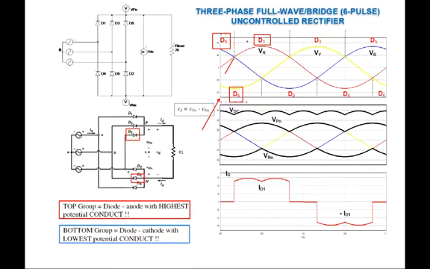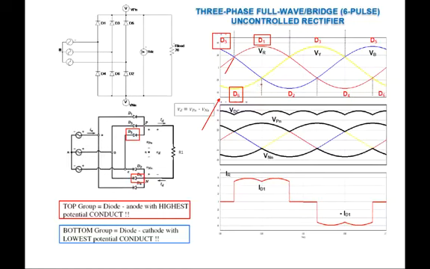So diode 1 will start to turn on from that intersection until the yellow phase voltage is followed. At the bottom group, if you refer to that particular point, we still have D6 continuing to stay on because it is the lowest potential.